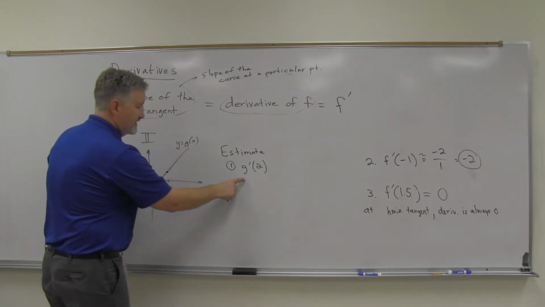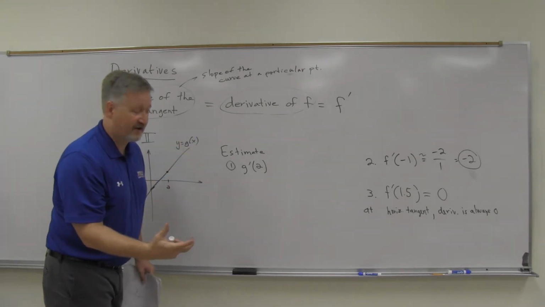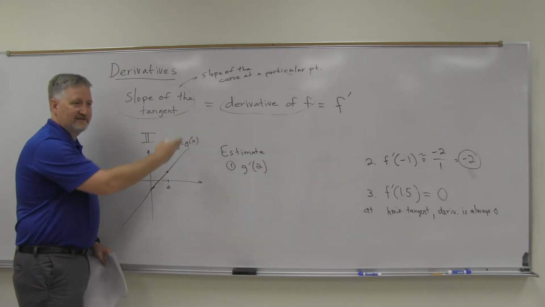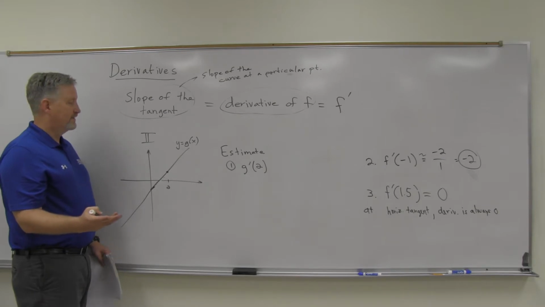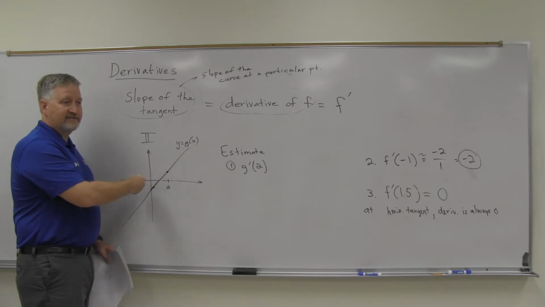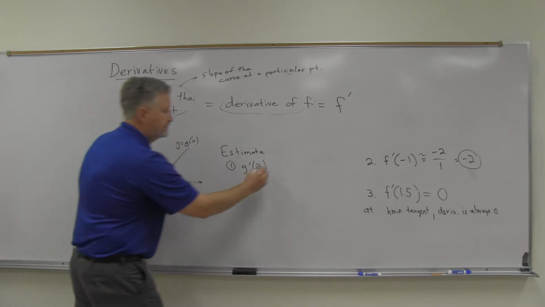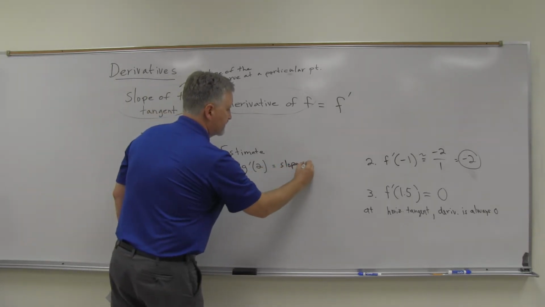So this is the slope of the tangent, but also means the slope of the curve. What's the slope of this curve? Well, it's a line, and so it has a constant slope. Yeah, I can just think of this as the slope of this line in this particular case.